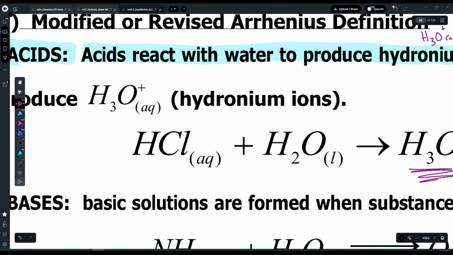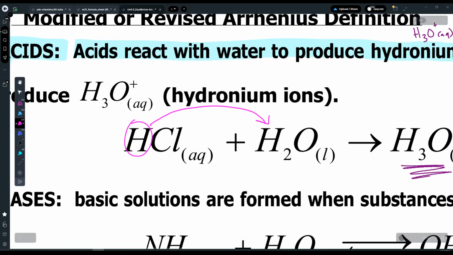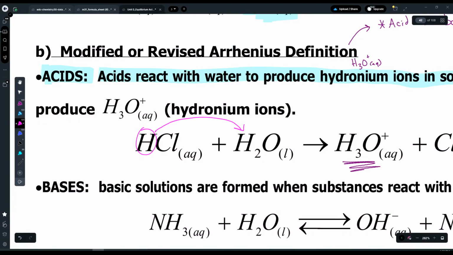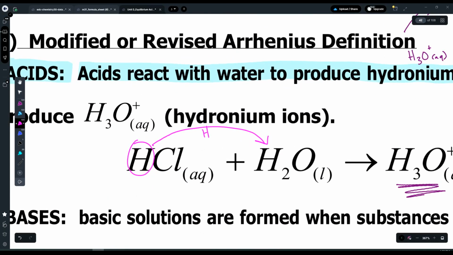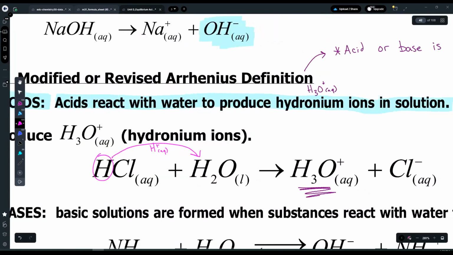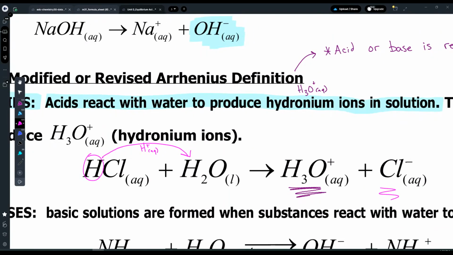Okay, so how you can visualize this is that the hydrogen moves from the acid and goes towards the water. That's how hydronium gets produced: the H+ ion moves from the acid to water to produce hydronium, and then your last product is just what remains from the substance that hydrogen left.